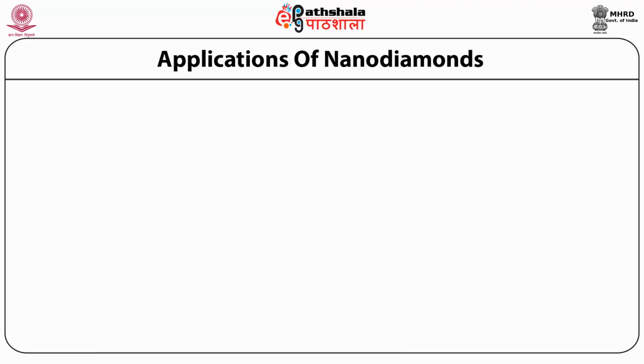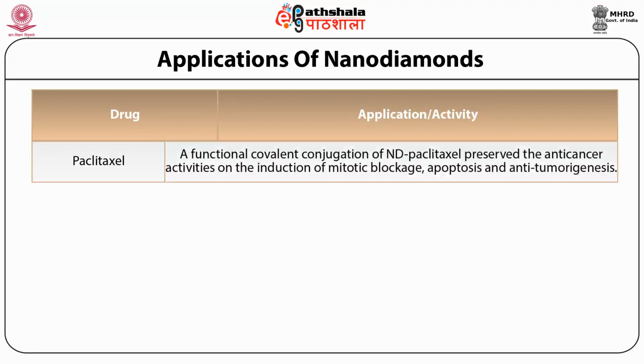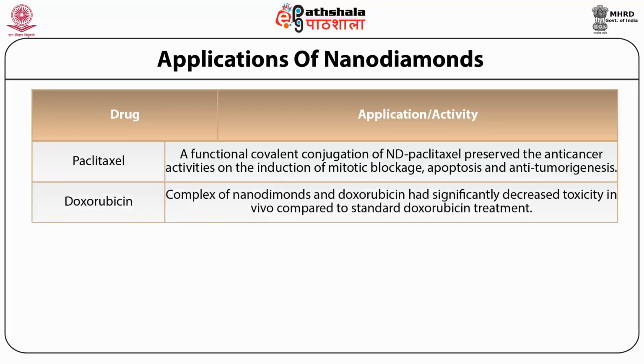Now there are some applications of nanodiamonds reported in the literature. A functional covalent conjugation of nanodiamond-paclitaxel preserved the anti-cancer activities on the reduction of mitotic blockage, apoptosis, and anti-tumorigenesis. Similarly, the doxorubicin complex of nanodiamonds had significantly decreased toxicity in vivo compared to standard doxorubicin treatment.